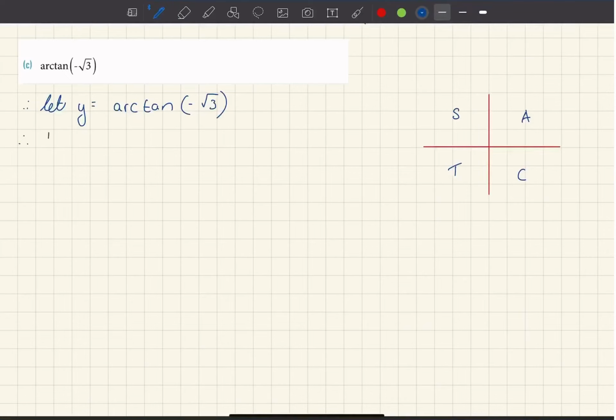Therefore, y is between negative pi on 2 and pi on 2. Not equal to, because of those asymptotes. Therefore, the tan of y equals negative root 3.